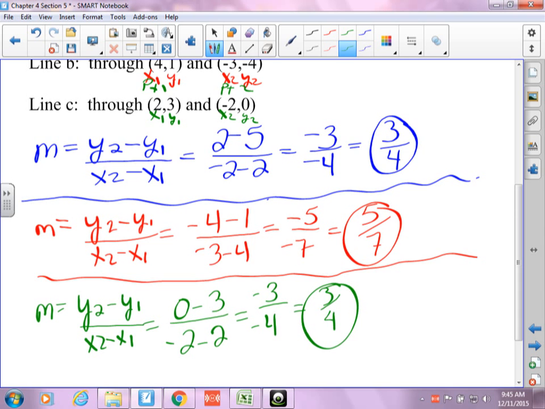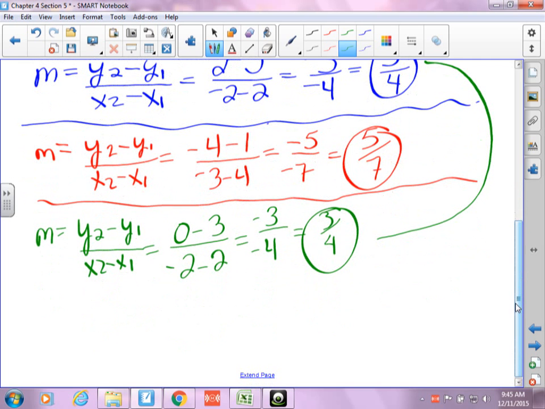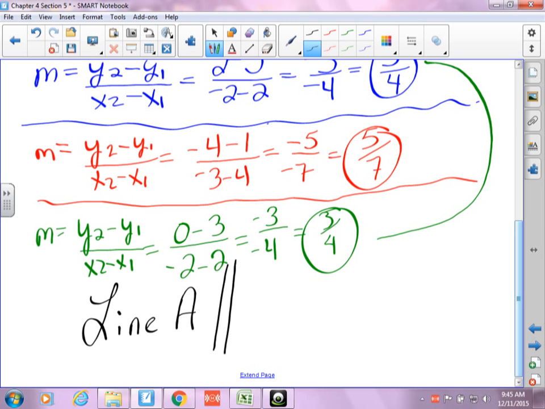So now, do I have parallel lines? Which ones? Okay, so A and C, and I know that because they're the same. So you're going to write line A is parallel, that's what the symbol means, to line C, same.